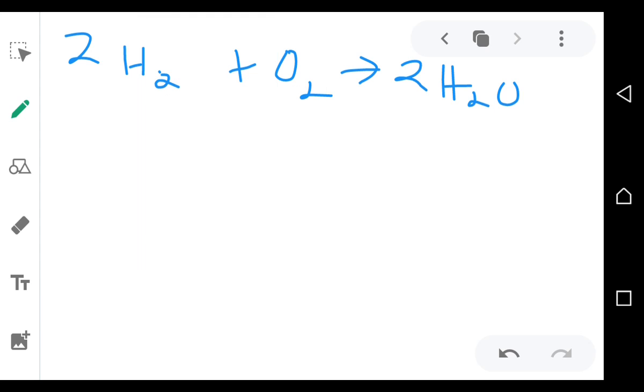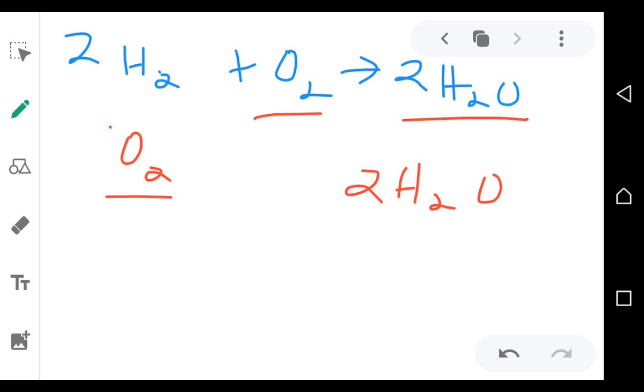We said we are comparing water and oxygen. So you pick water and you pick oxygen, the way they are written. Water, you put it here, H2O, and oxygen, you put it here, O2. Okay, that's what you do.